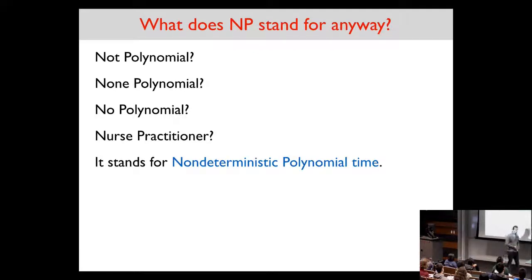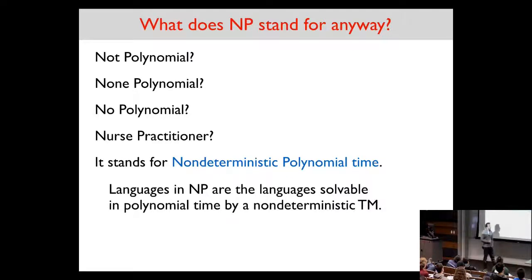What it stands for is non-deterministic polynomial time. The reason it's called that is because languages in NP are languages that are solvable in polynomial time using a thing called a non-deterministic Turing machine.